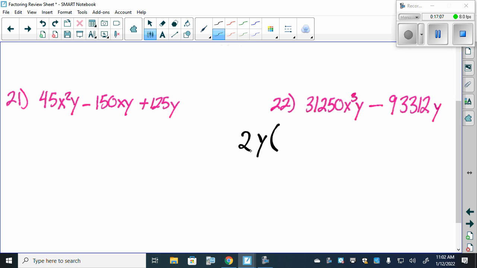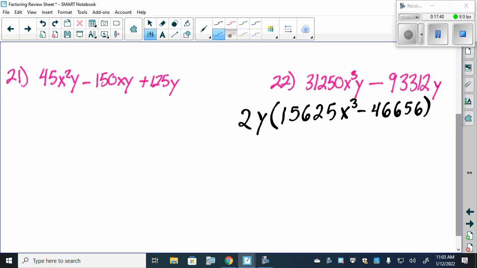So if I divide both of these numbers by 2, we would get 15,625x cubed minus 46,656. Okay.